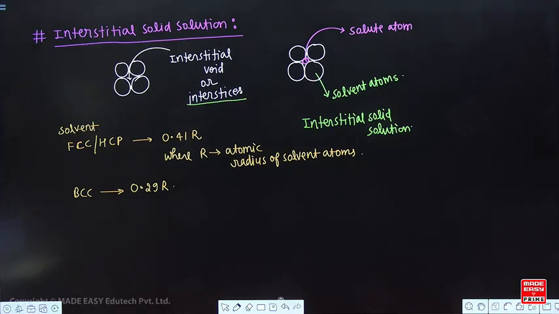Normally atoms which have atomic radius less than 1 angstrom are likely to form interstitial solid solution.